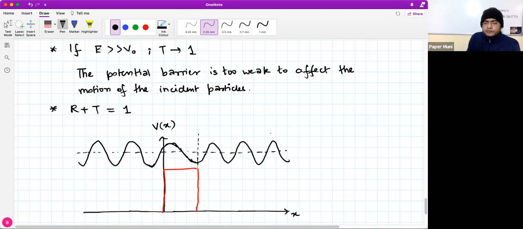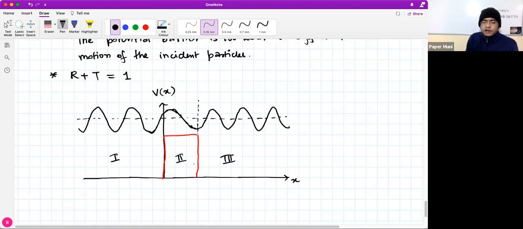So in this case, this is region 1, region 2, and this is region 3. The wavelength increases in region 2. Now this might not be to scale, just to give you an idea of how it looks if you try to draw the real part of the wave.